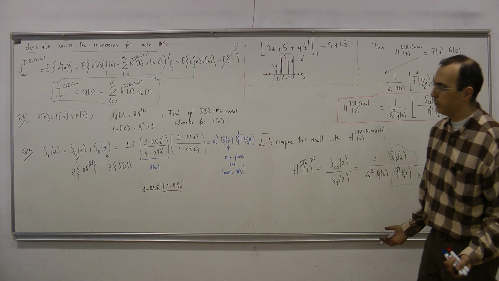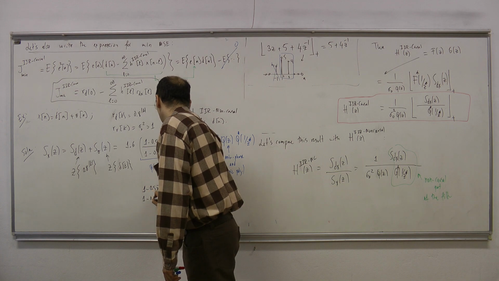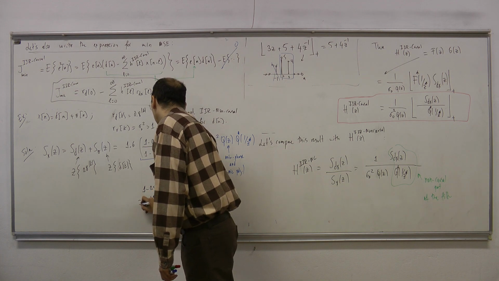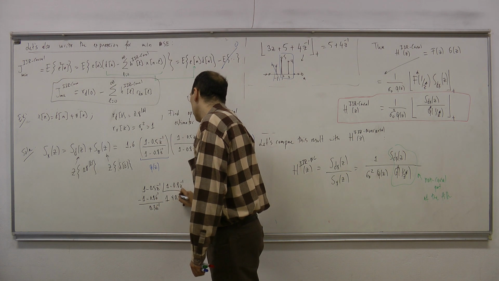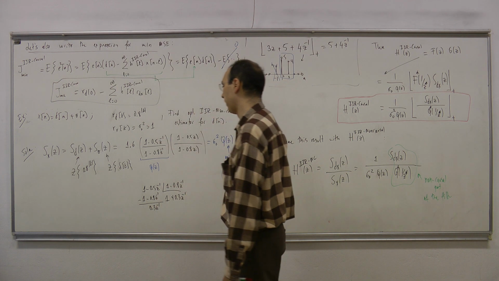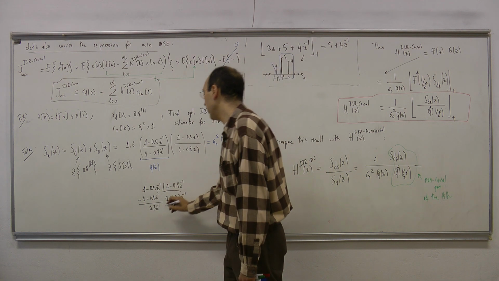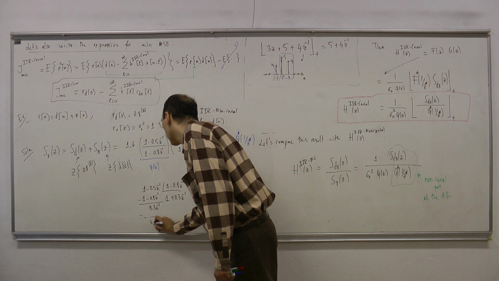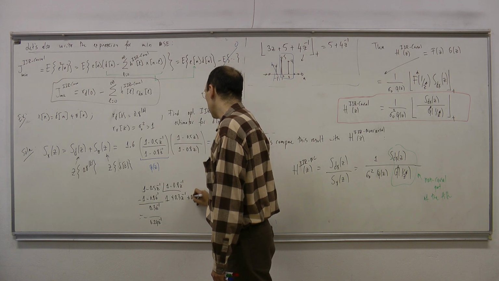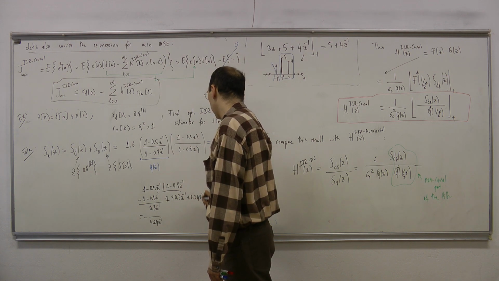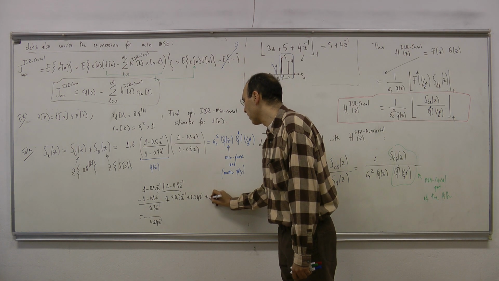Let me do a division. 1, plus 0.3 z inverse. Okay. So if I do this, I get 0.24 with minus. Then if I do the subtraction, I get 0.24 z inverse. Okay. Plus things like that.